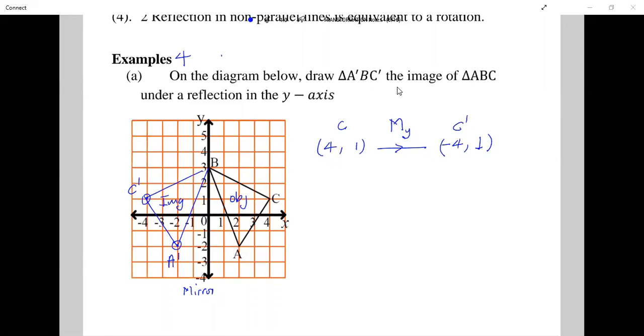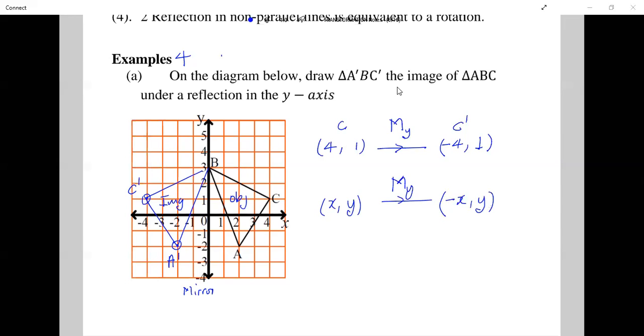So what I want you to notice is that when you reflect something in the y-axis, the sign of the x-coordinate changes, but the y-coordinate remains the same. So in a reflection in the y-axis, a point x, y is going to become the point minus x, y.